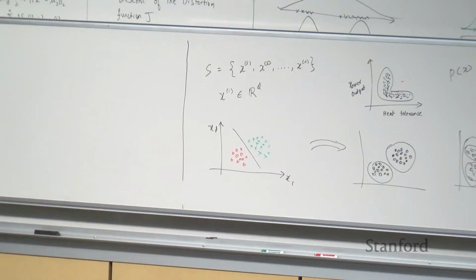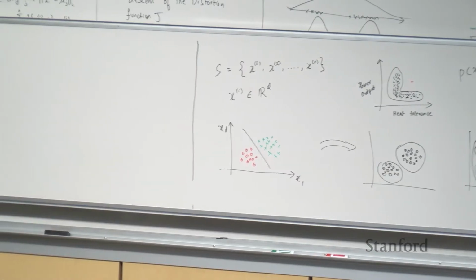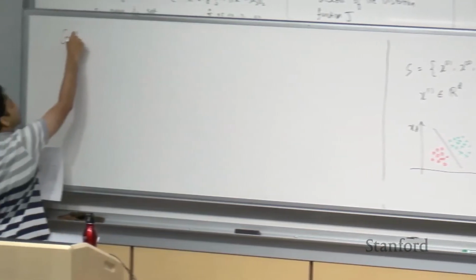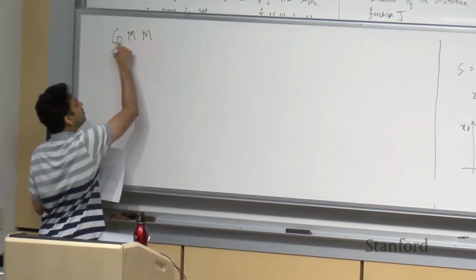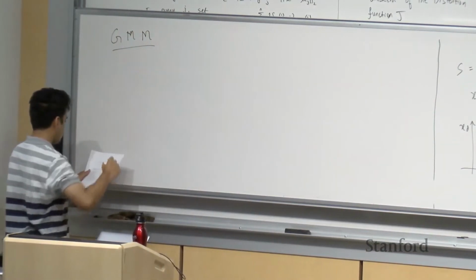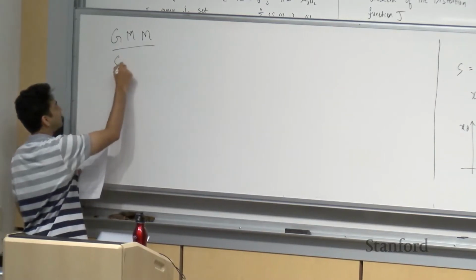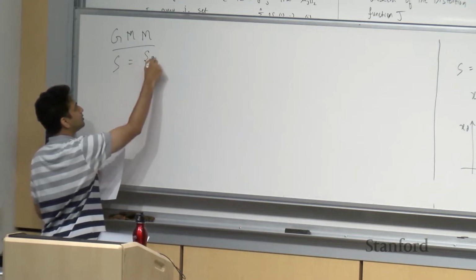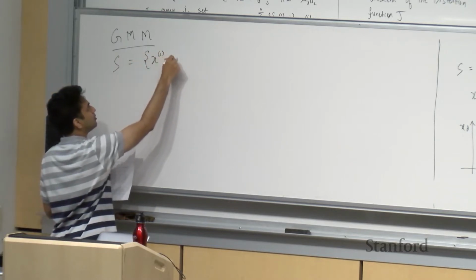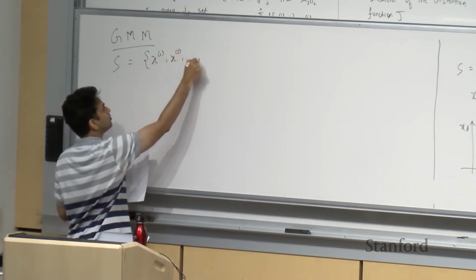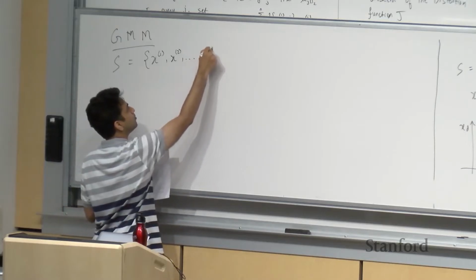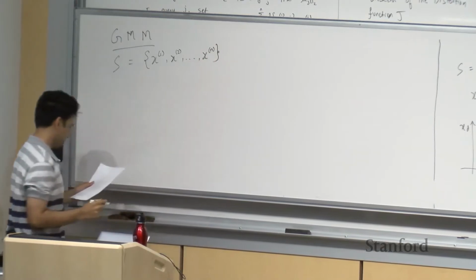Right. So, in the mixture of Gaussians, or Gaussian mixture model, we are given a training set of just x's, right?